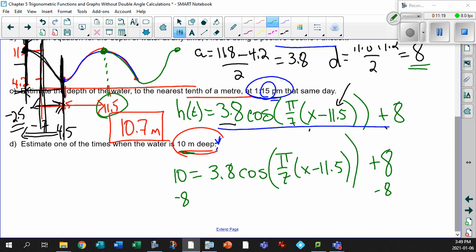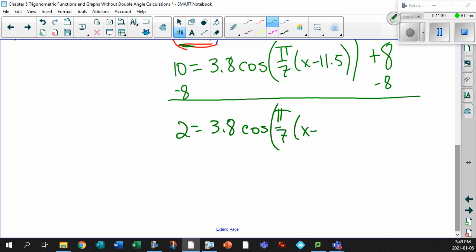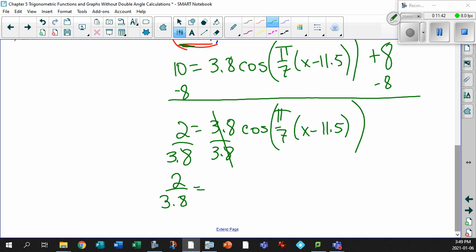This makes it nice because look, that becomes 2 equals 3.8 cos pi over 7 times x minus 11.5. Divided by 3.8. Divided by 3.8. That cancels out. There's your y1 at 2 over 3.8. There's your y2 at cos pi over 7 times x minus 11.5. Okay? That's what it looks like.